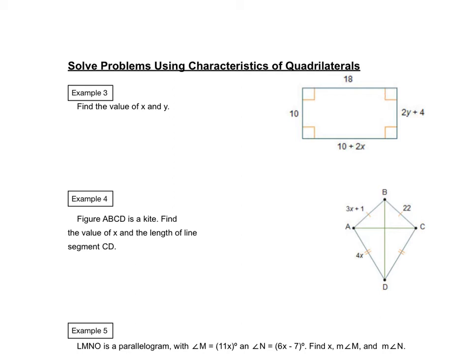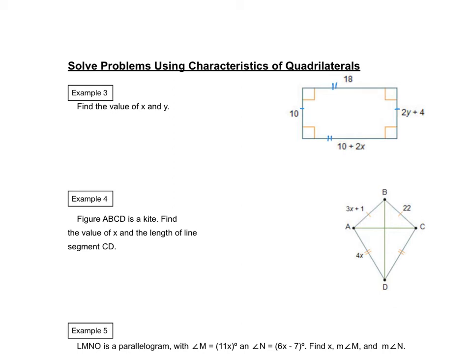I do not know that it's a square because this side is 10, this side is 18, so they're not congruent. It is a rectangle, and with a rectangle, my opposite sides are going to be congruent.